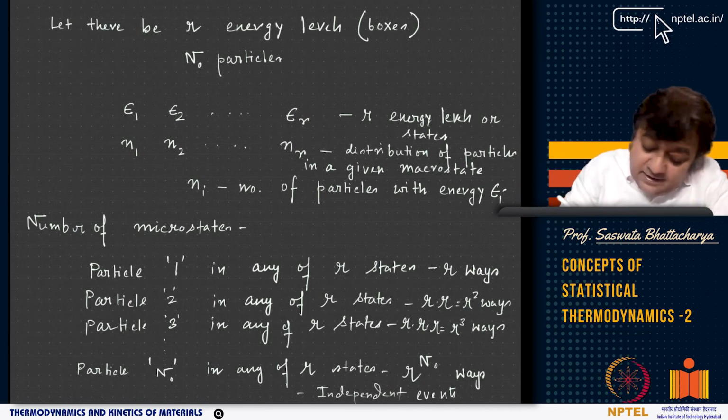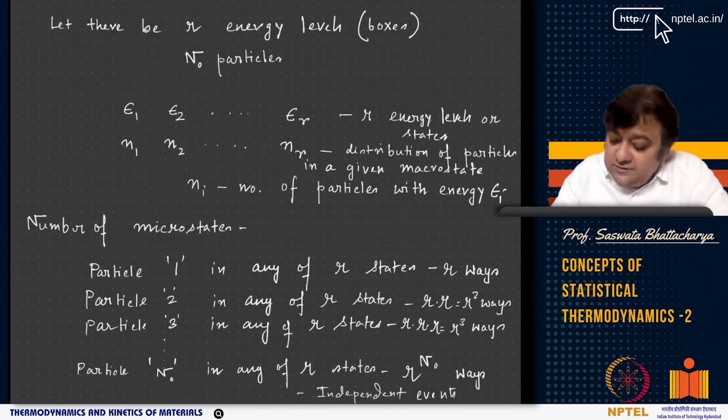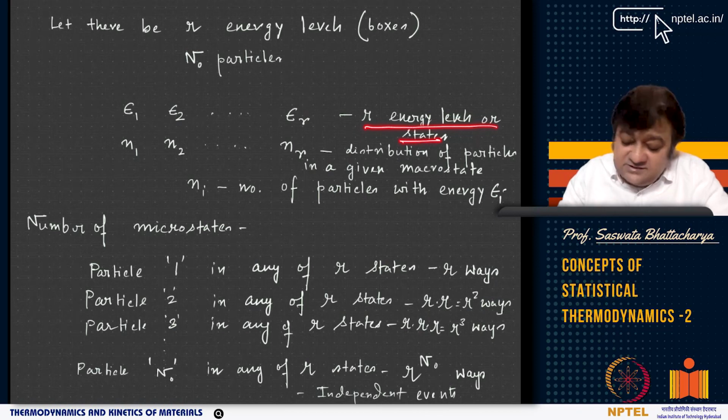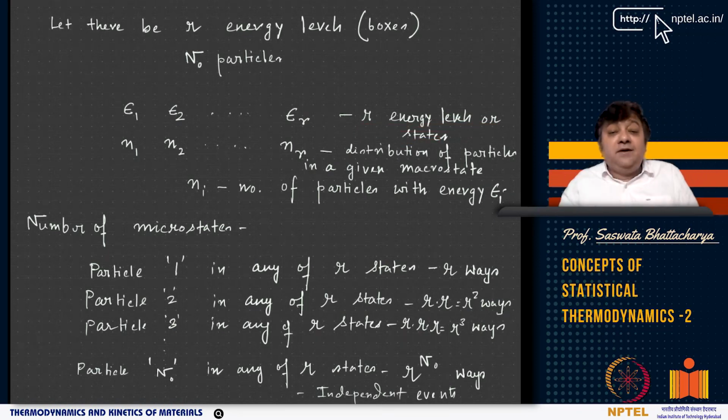So let us think of these energy levels as epsilon 1, epsilon 2, up to epsilon r. So there are r energy levels or states. R can be 2, R can be 100, R can be 1000, but these are discrete energy levels, right? This is not a continuous energy variation.